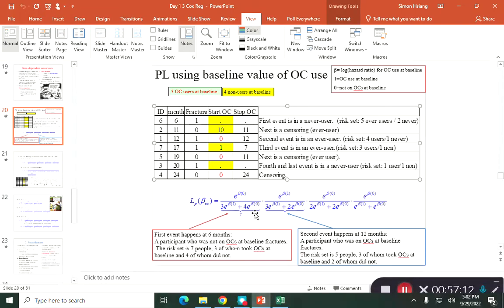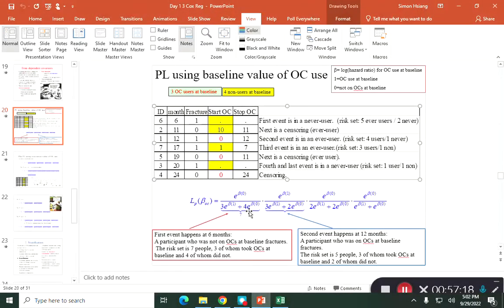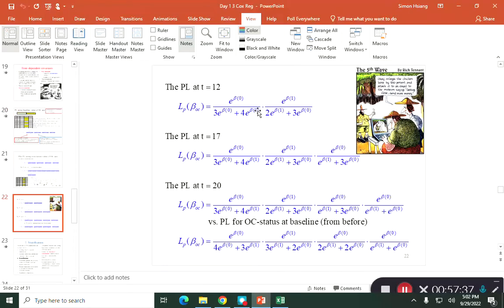You can have boys, girls, and this accident is from a boy or from a girl. But this one is from this group. After the first one is out, there's a censor, and there's no OC case left, so I don't have that case. But I can have a second one here. Now my multiplier at time 12 has 2 terms: the first event times the second event.